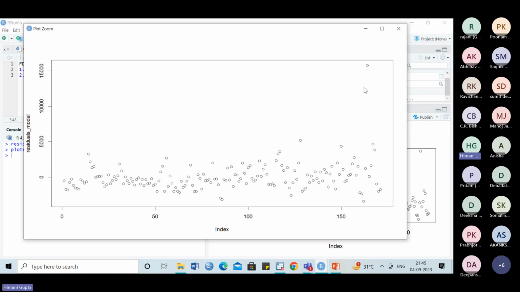So it's not a straight line. If you are getting a straight line, only then there must be a linear relationship. If you are not getting a straight line, a linear relationship is not there. So that means my first assumption is violated.